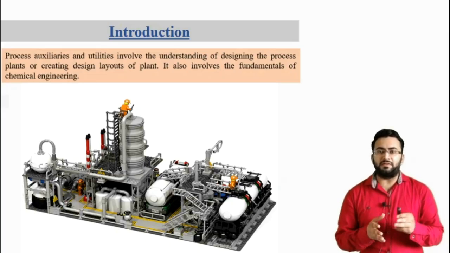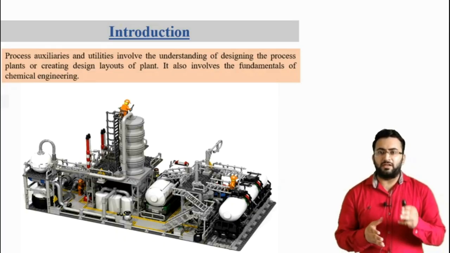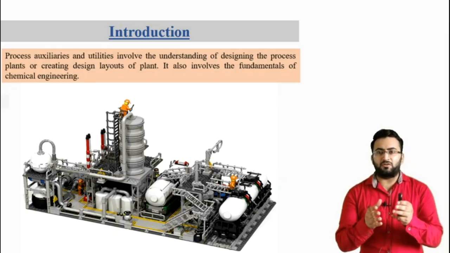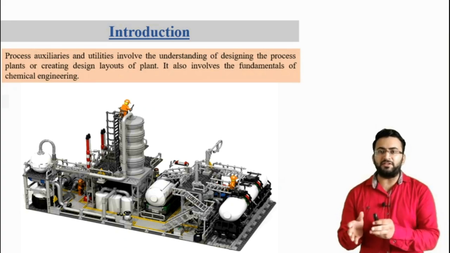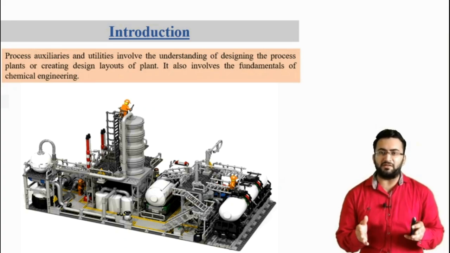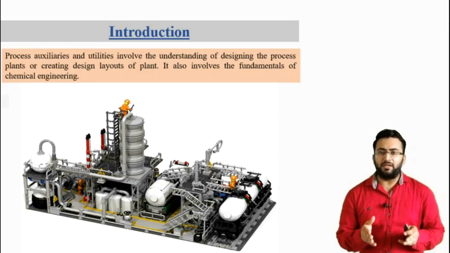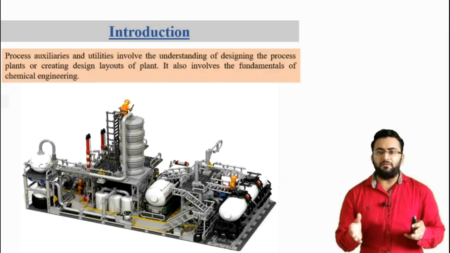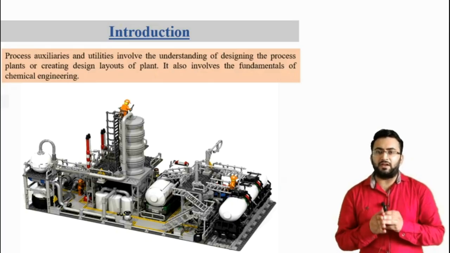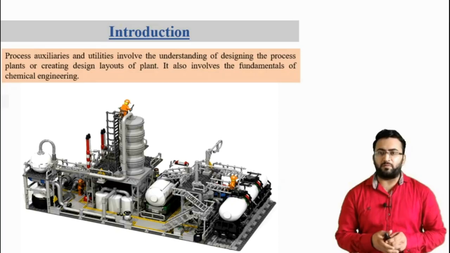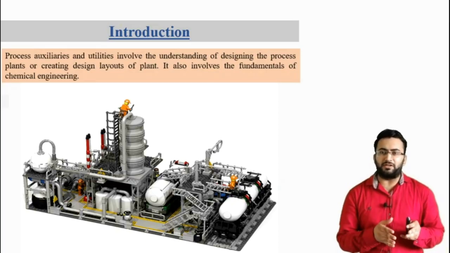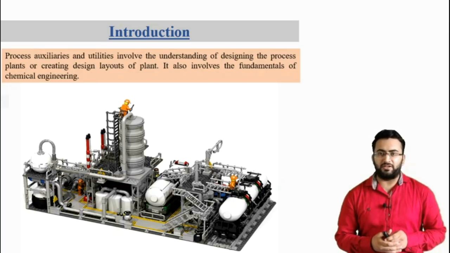With an increase in advanced knowledge in chemical engineering, it has also become necessary to understand the importance and application of process auxiliary and process utility in chemical industries. This chapter deals with the basic as well as advanced concepts of process auxiliary and utilities in chemical engineering.